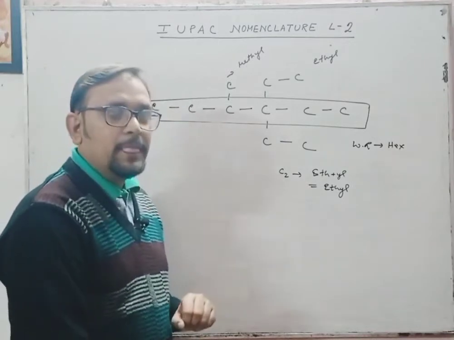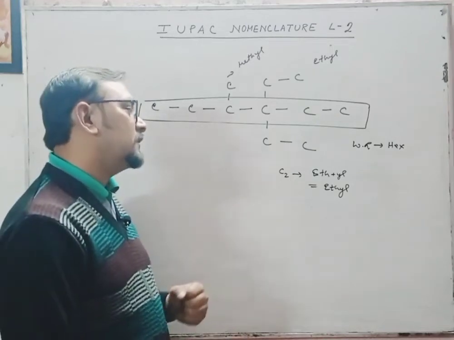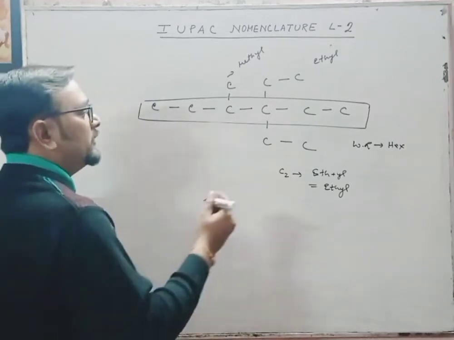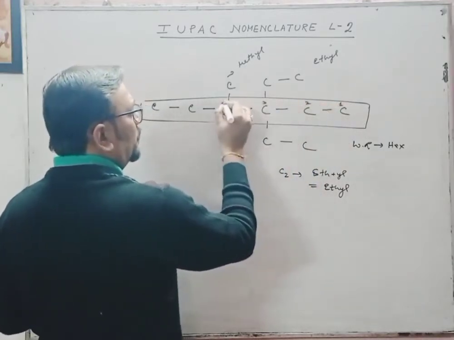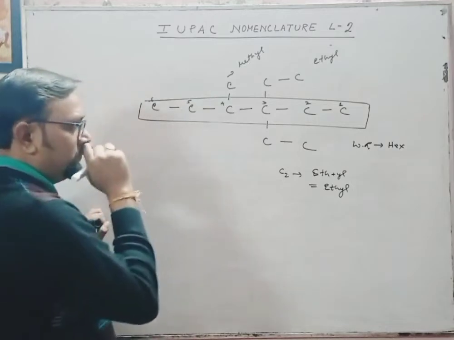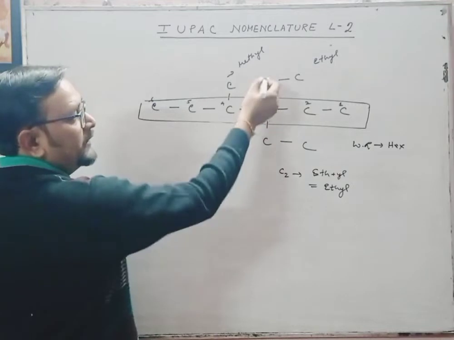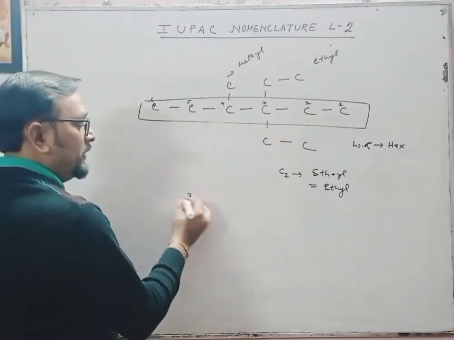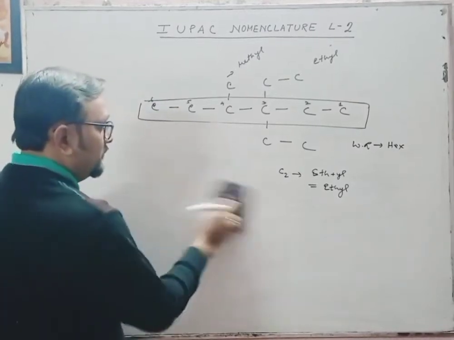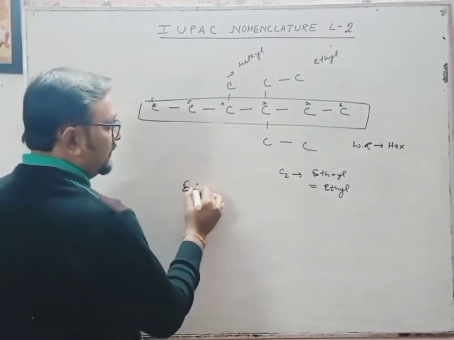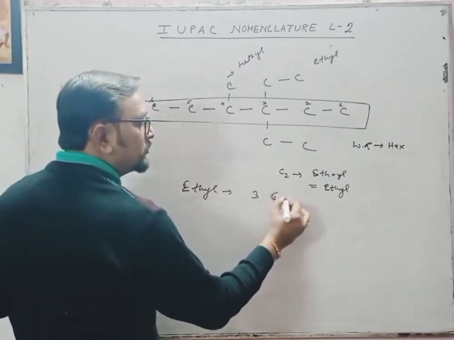Now numbering. Yes, again numbering. Which side should I start the numbering? If I start from this side, 1, 2, 3, 4, 5, 6. You see, what are the different locants we are getting? 3 for ethyl, and again 3.